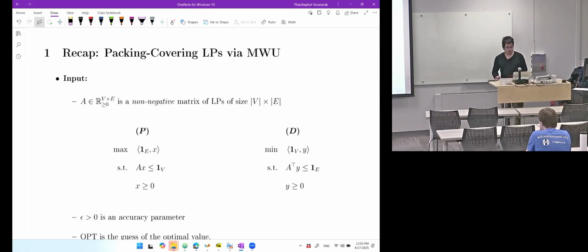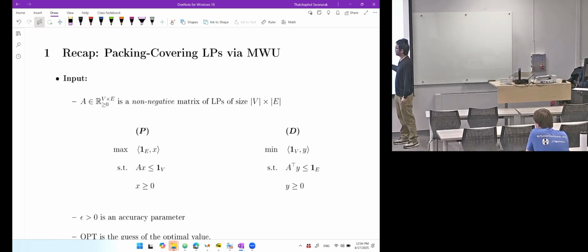So we start with some non-negative matrix A that describes the LP. Once you can write the LP based on the matrix A like this, this is a packing LP, and this would be a covering LP.